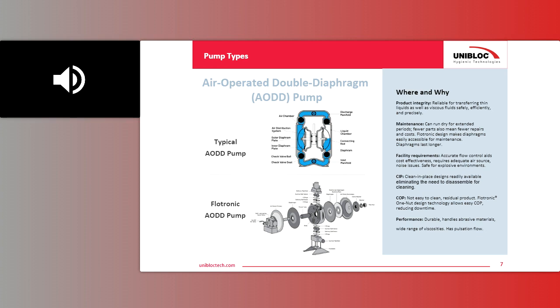Traditionally, in a figure 8 AODD, you cannot truly CIP the pump because the maximum inlet pressure on that pump is around 10 psi or 1 bar in some cases. So you can't flush the pump with a separate CIP supply pump because they would generate a pressure over that capability of the pump. On the Flowtronic pump, there are features of the pump that can be added.